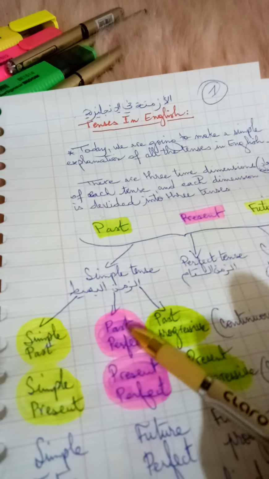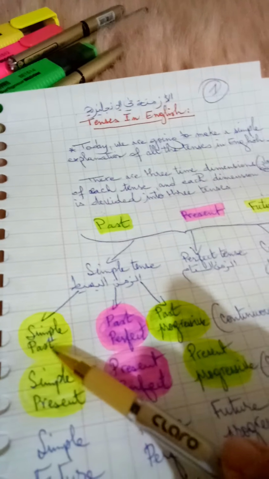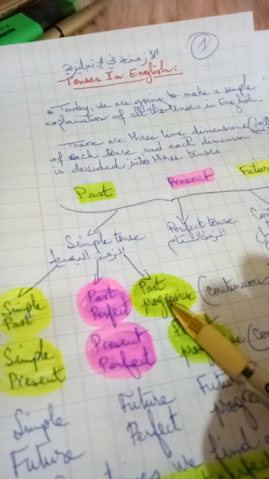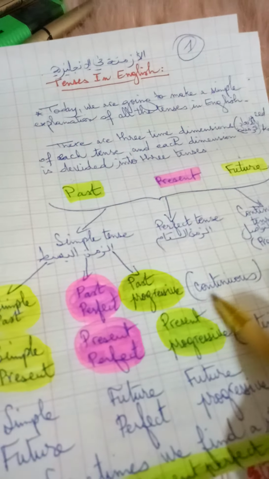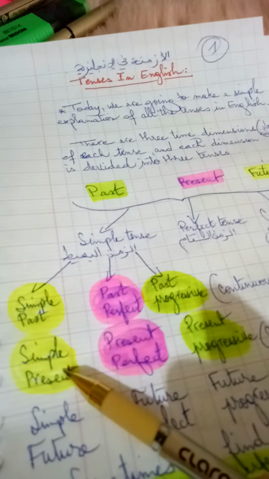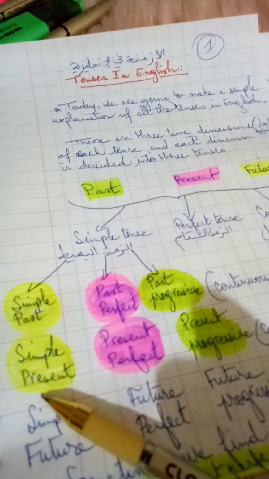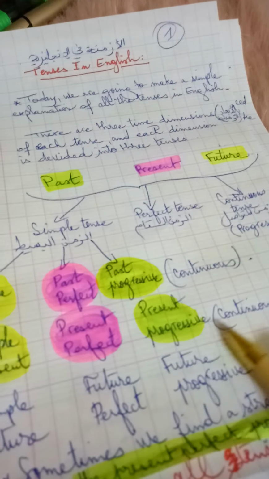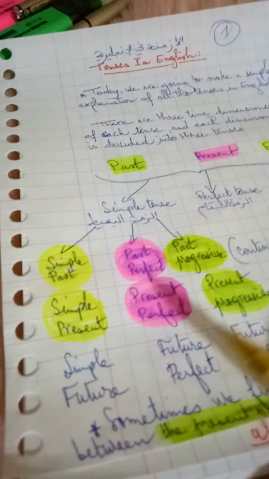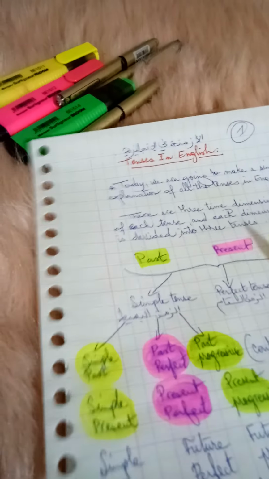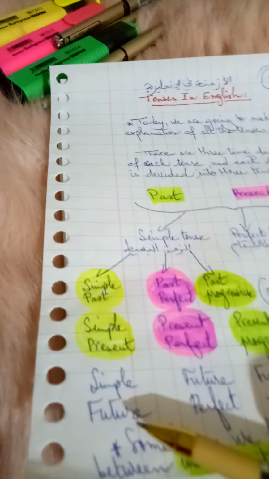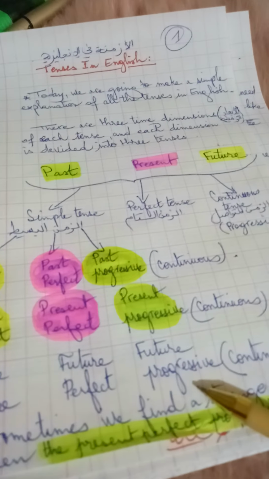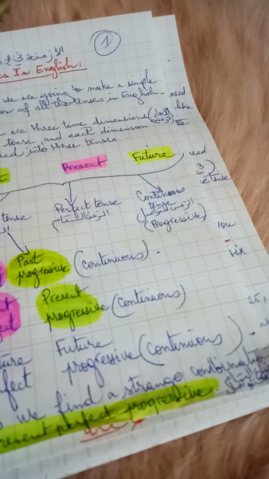الزمن البسيط ينقسم كذلك إلى 3. It is divided also in 3 tenses اللي هو the simple past, the past perfect and the past progressive اللي هو the past continuous. وعندي also the simple present, the present perfect and the present progressive اللي هو present continuous. وعندي كذلك simple future و future perfect and future progressive اللي هو future continuous.